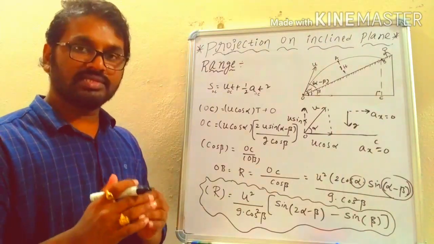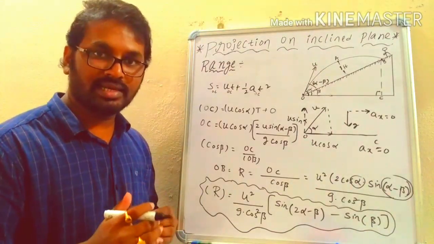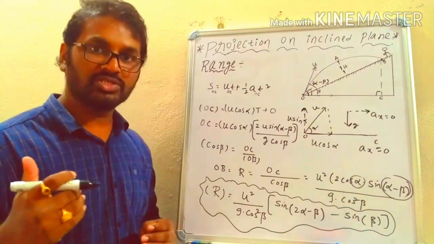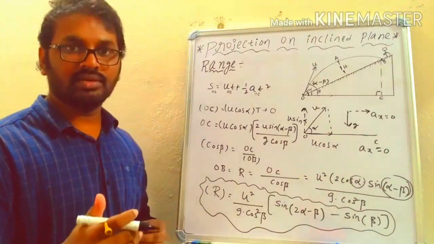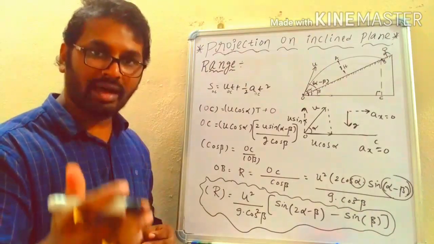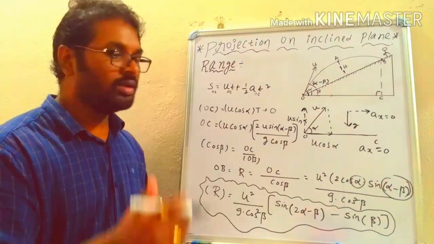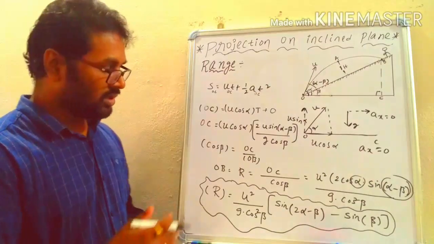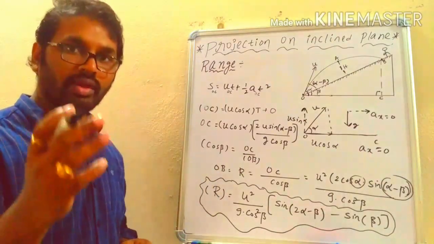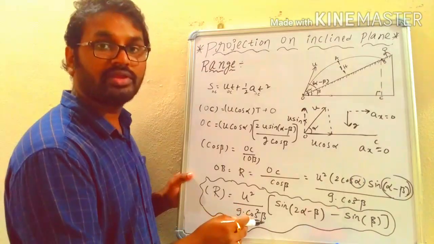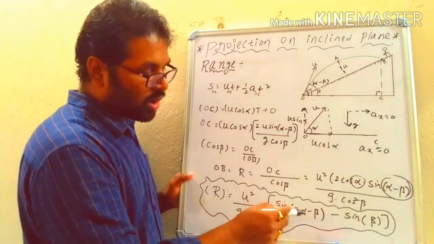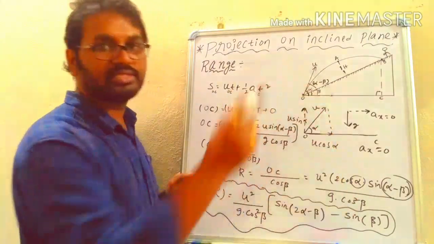So in physics, the important thing is that after deriving some expressions, it is very important to remember the result, and where and when we have to apply this formula to the given question. So you got the expression: range is equal to U square by G cos square beta into sin 2 alpha minus beta minus sin beta.